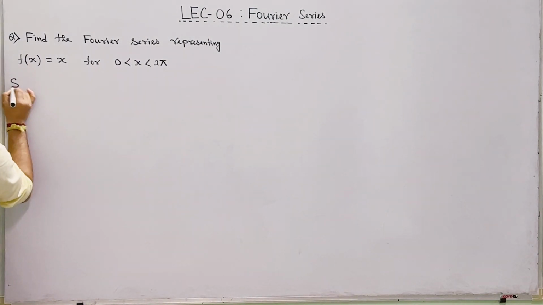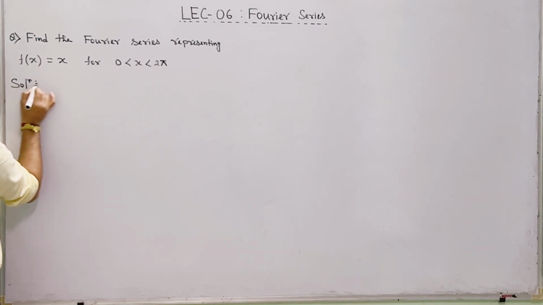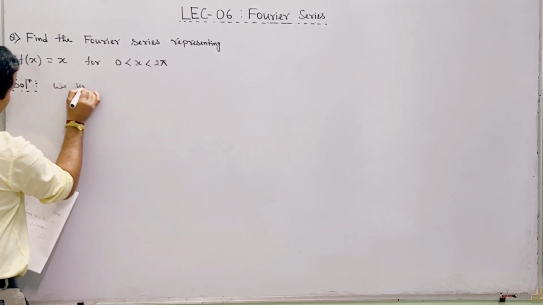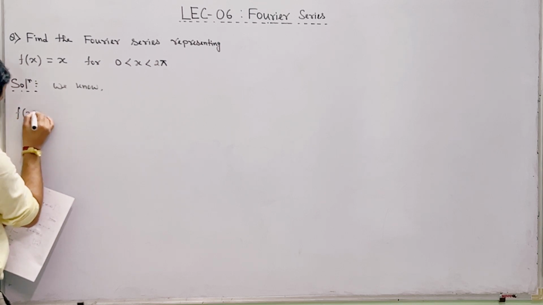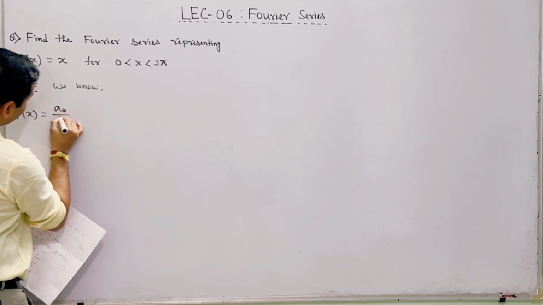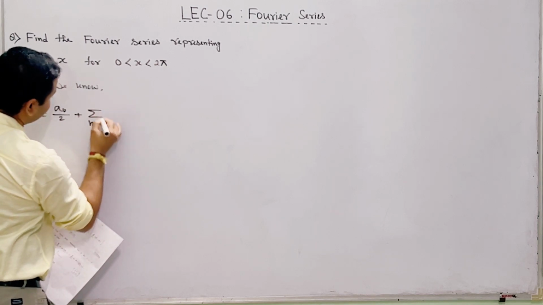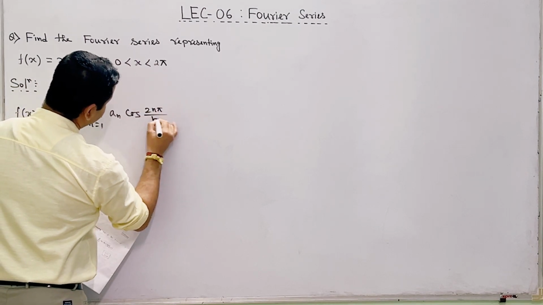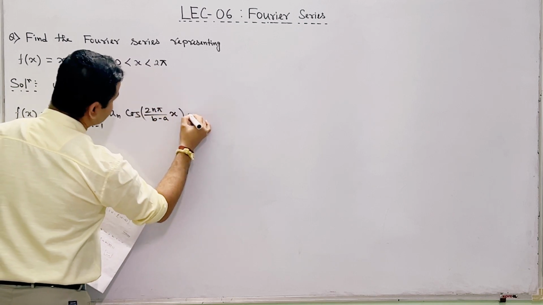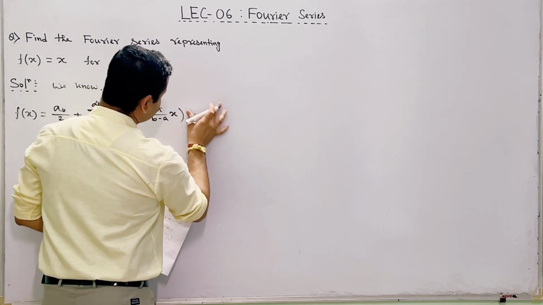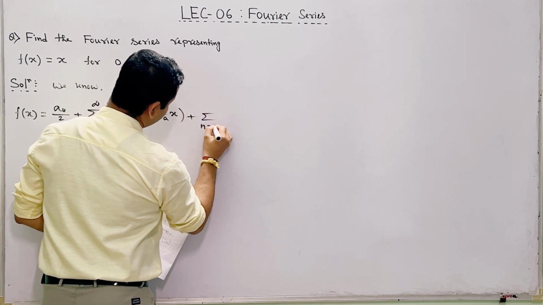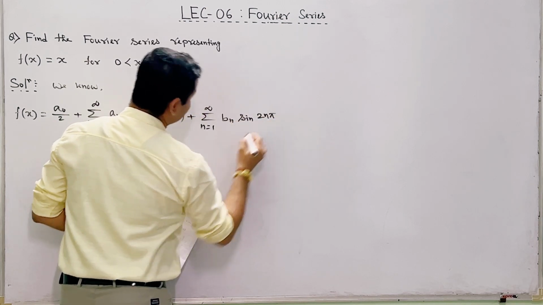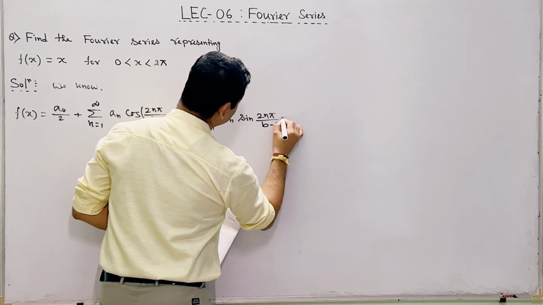Solution. Students, we know that when the function f of x is defined in the interval a comma b, then the Fourier series expansion is given by f of x equal to a naught by 2 plus summation n goes from 1 to infinity a n into cos twice n pi by b minus a into x, plus summation n goes from 1 to infinity bn into sin twice n pi divided by b minus a into x.